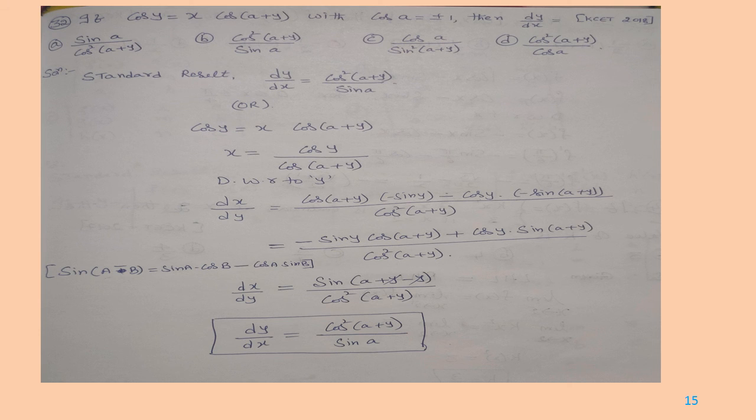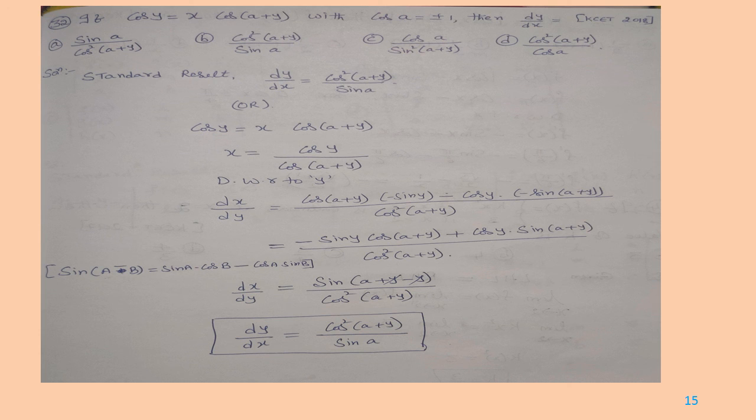So if cos y equal to x into cos a plus y, with cos a not equal to plus or minus 1, then dy by dx equal to. This is asked in the year 2018. See here, you can remember the standard result, dy by dx equal to cos square a plus y divided by sin a, which is option B. Or cos y equal to x into cos a plus y, so shifting cos a plus y to this side, x will be cos y divided by cos a plus y.